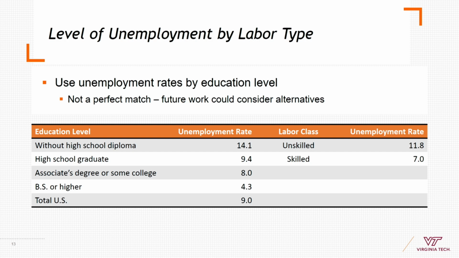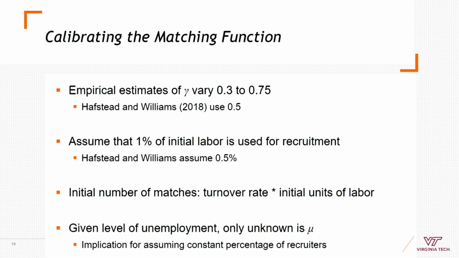So I assume that the skilled unemployment rate is 7%. The total in the U.S. is 9%, and the unskilled rate becomes a residual, whatever it needs to be to make the total 9 when skilled is 7. For the other regions, they have similar levels of unemployment initially.